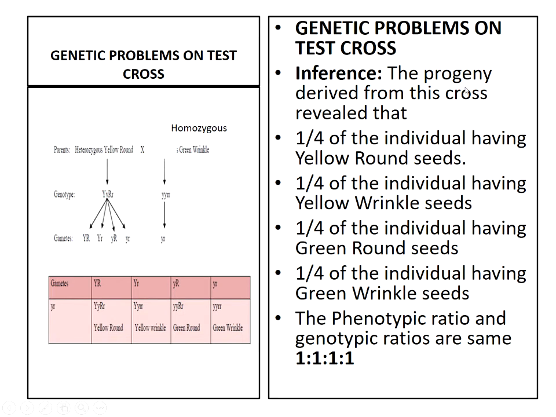So the progeny derived from this cross reveals 1/4 of individuals having yellow round seeds, 1/4 yellow wrinkle seeds, 1/4 green round seeds, and 1/4 green wrinkle seeds. By this, the phenotypic and genotypic ratios are the same, that is 1:1:1:1. So this is about the test cross.